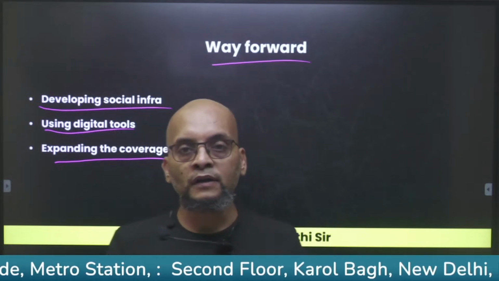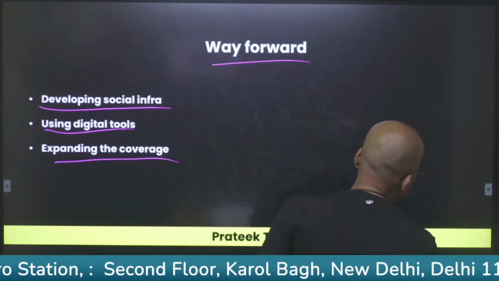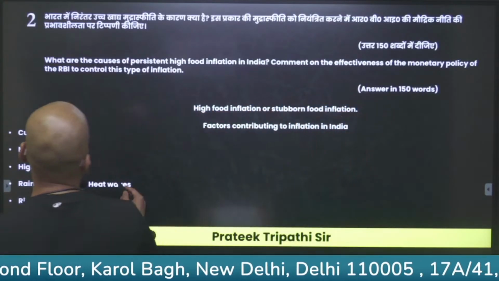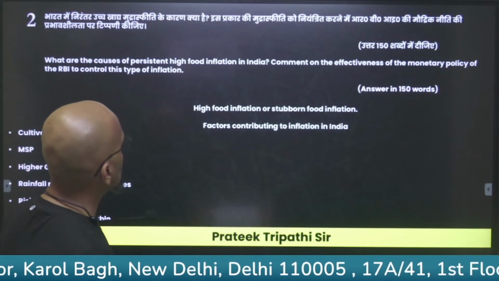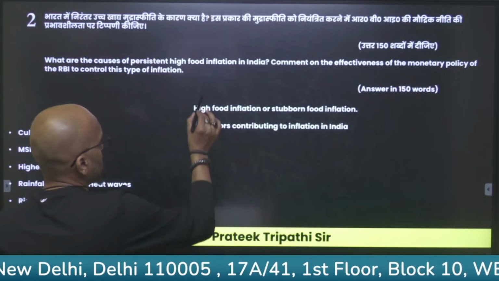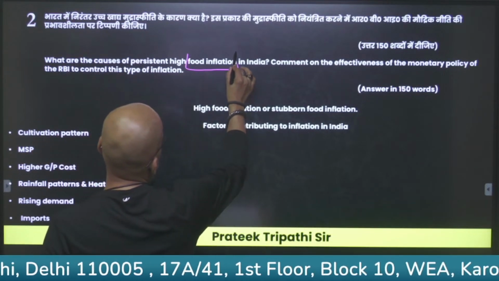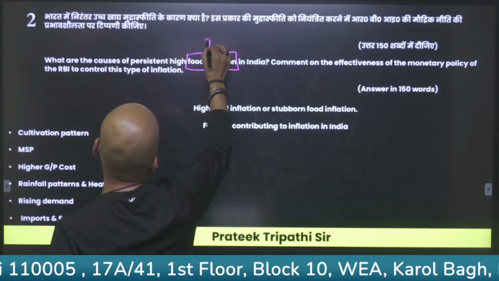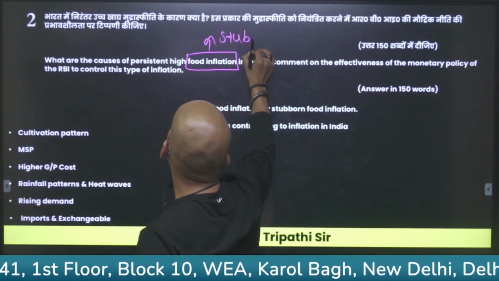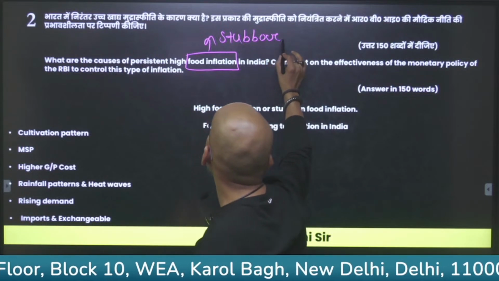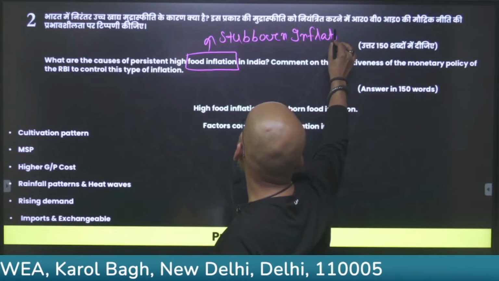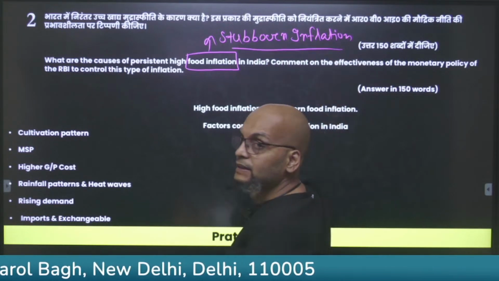Okay, moving on, let's talk of question number 2. So question number 2 is, what are the causes of persistent high food inflation in India? Guys, this high food inflation is also called stubborn inflation. And why is it called stubborn inflation?